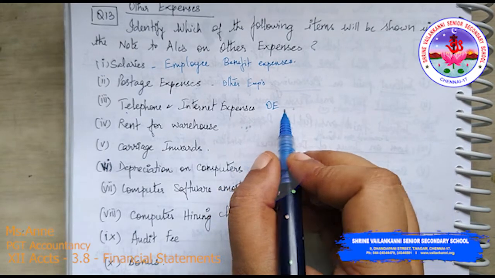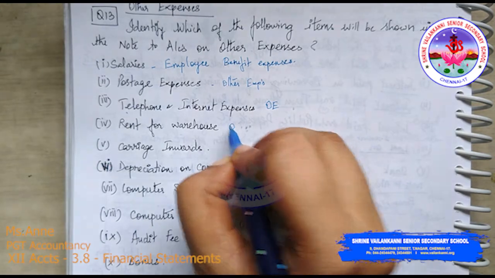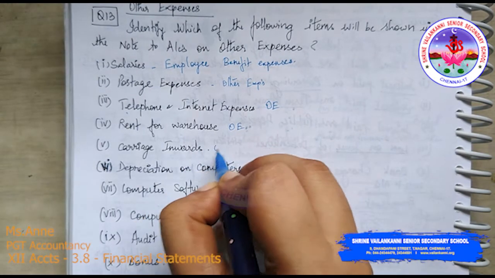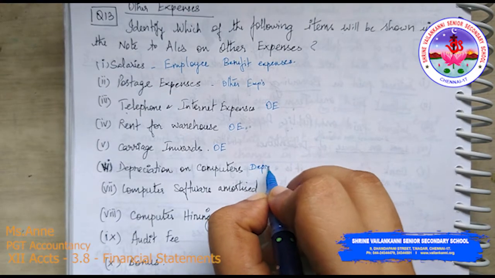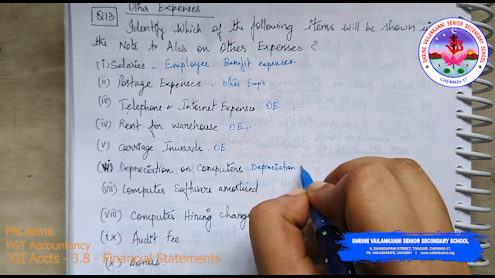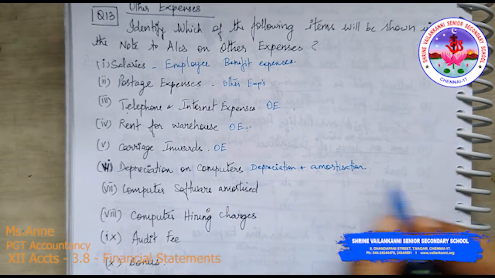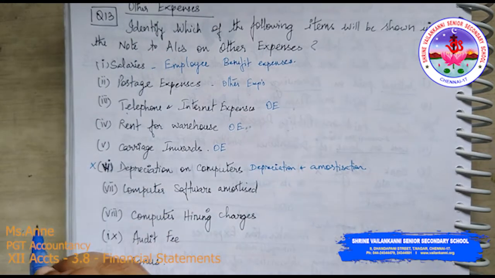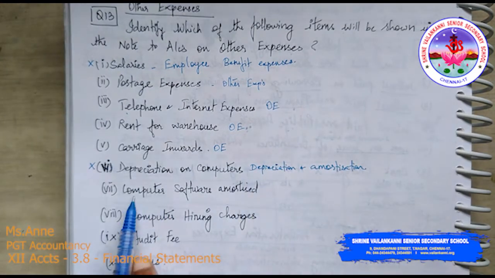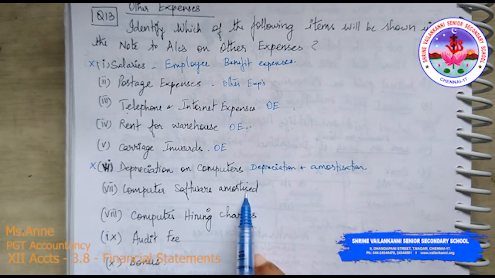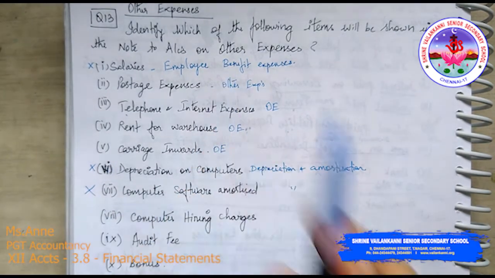Rent for warehouse, other expenses, yes. Carriage inward, yes, other expenses. Depreciation should be shown under the depreciation and amortization line item, so it will not be shown under other expenses. Computer software amortized, again depreciation and amortization, will not be entered in other expenses.